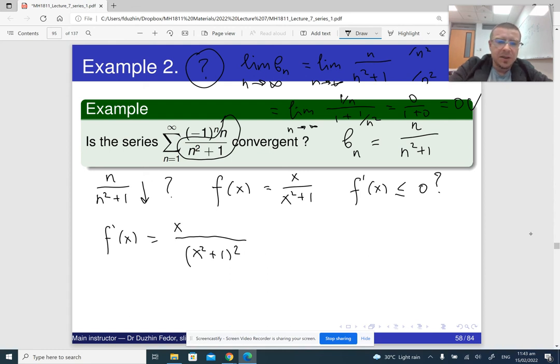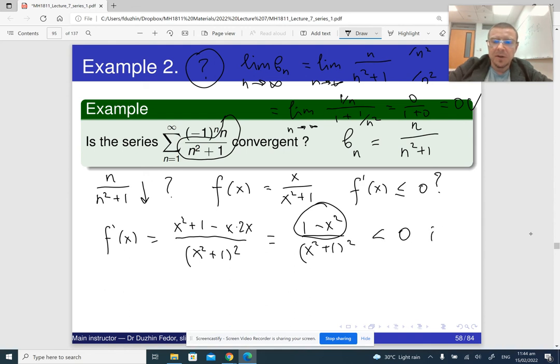So x squared plus 1 minus x times 2x, which is 1 minus x squared over x squared plus 1 squared. The denominator is just positive, so to figure out whether it is positive or negative, we look at the numerator, and the numerator is negative once x is bigger than 1. So this is negative if x is bigger than 1.